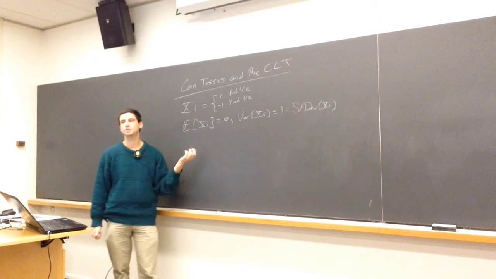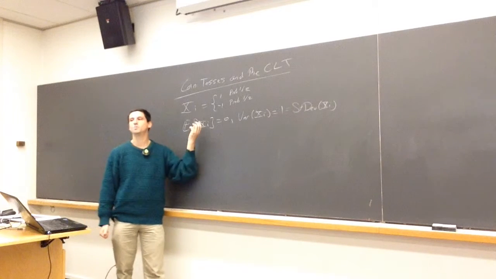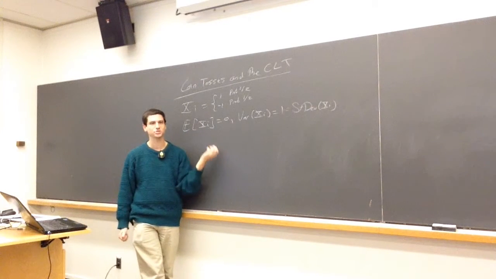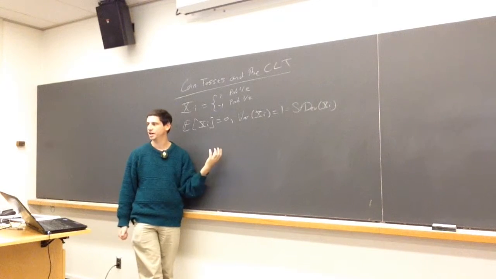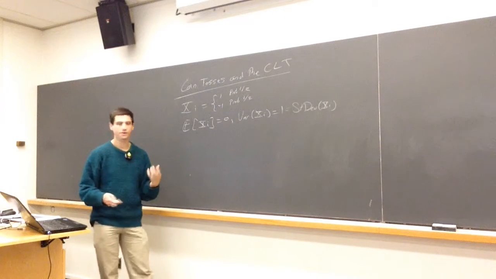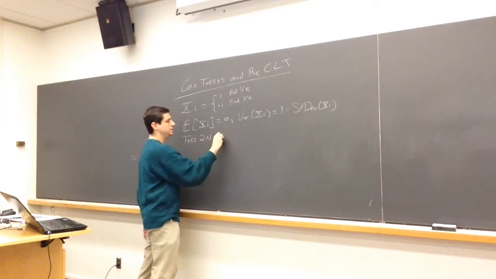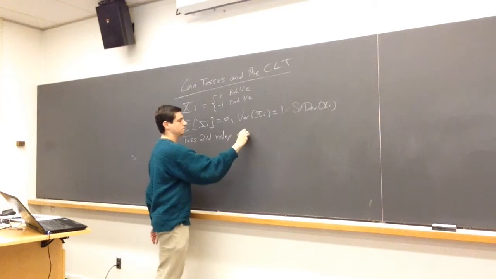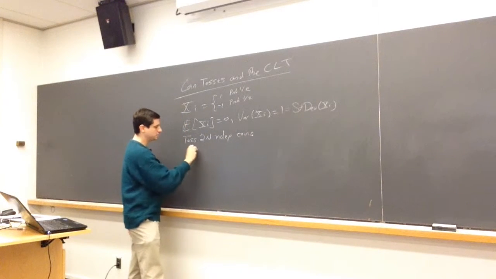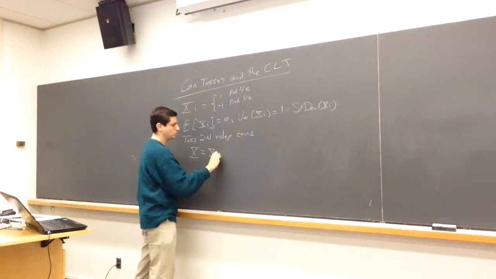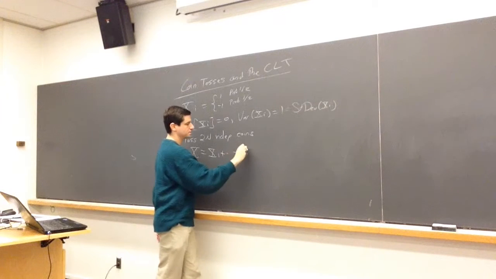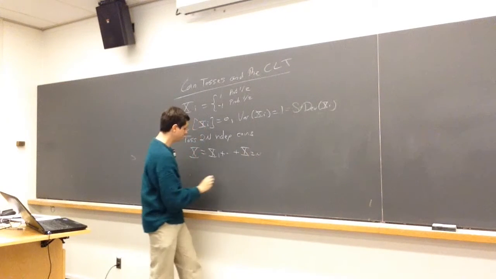If you toss an even number of coins, you're going to be at 0, plus or minus 2, plus or minus 4, plus or minus 6. You could, of course, do the analysis with generic n, but I think it's a little bit easier. And so we'll toss 2n independent coins, and we'll let x be x1 plus through x2n.